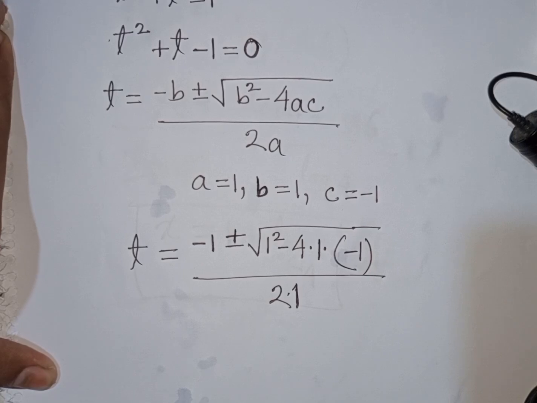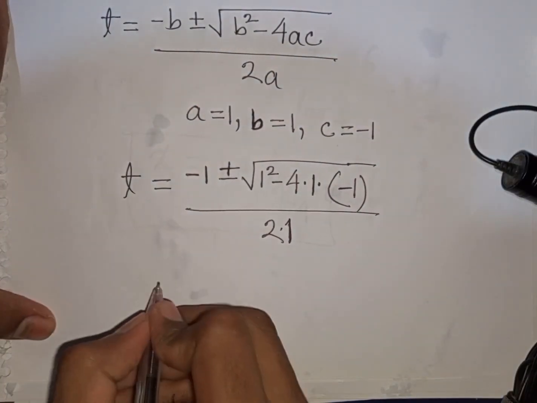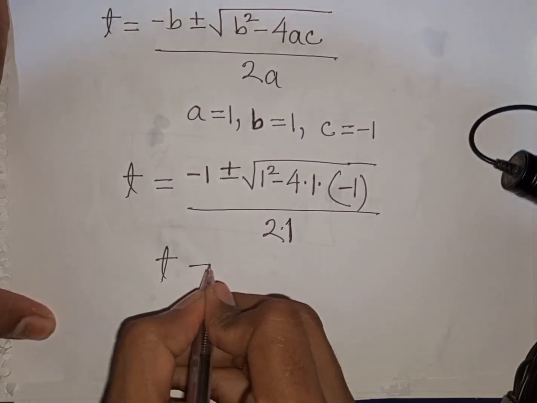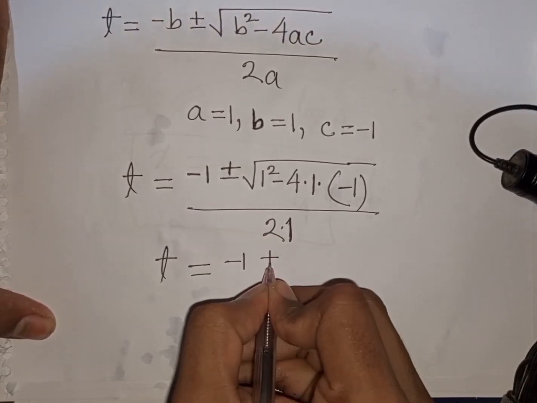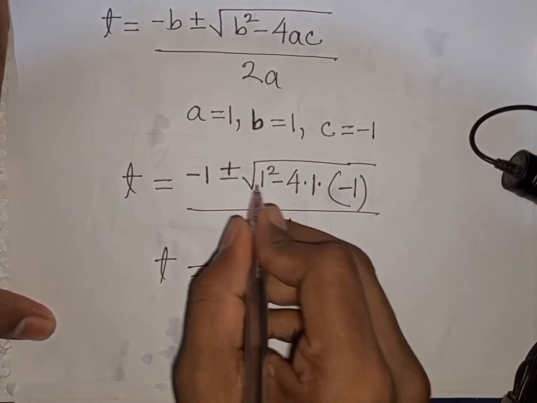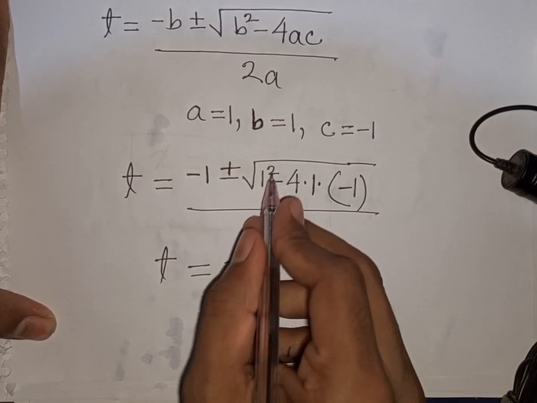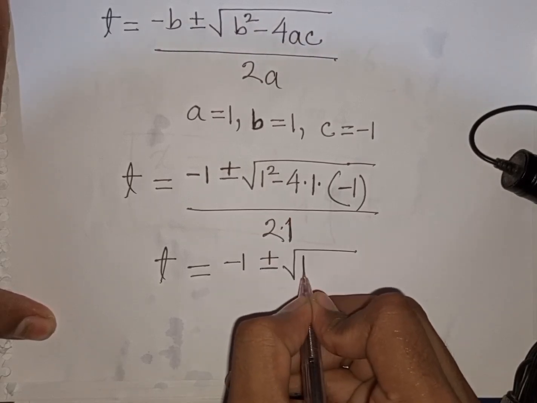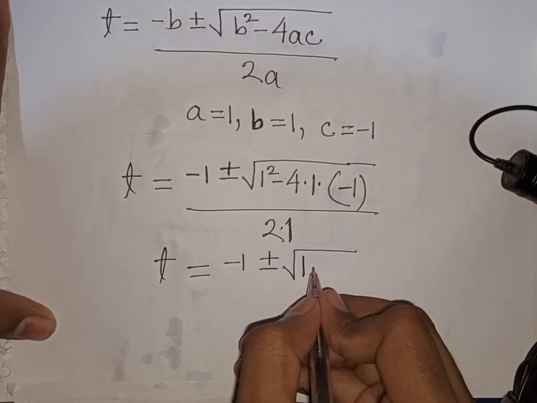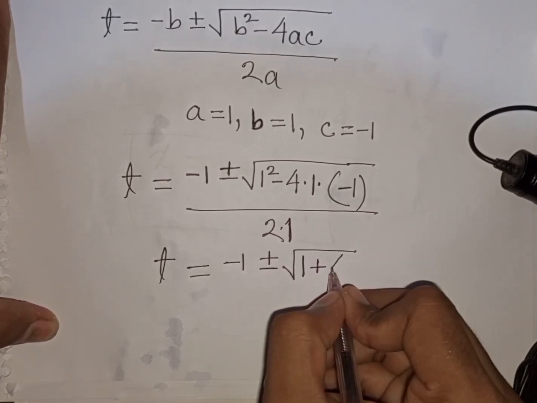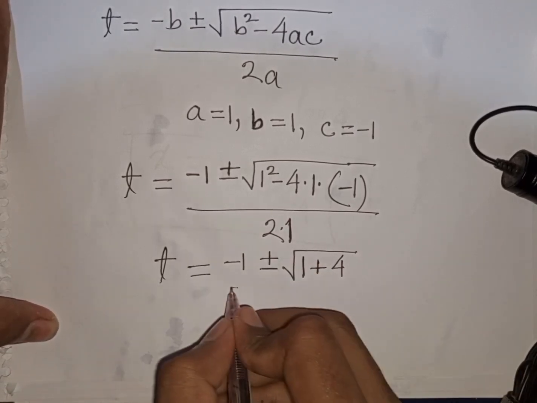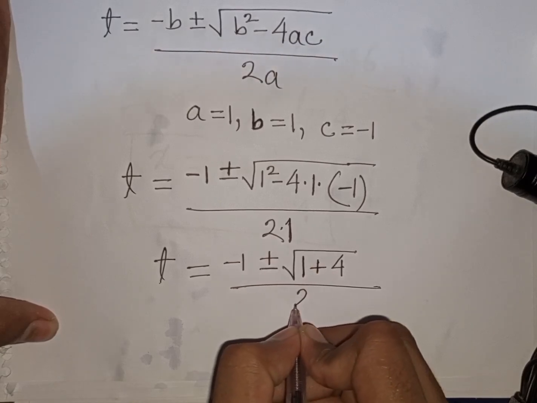Now, I can write t is equal to minus 1 plus or minus the square root of 1^2, which is the same as 1, then minus times minus means plus 4 times 1 times 1, that means 4, divided by 2 times 1, that means 2.